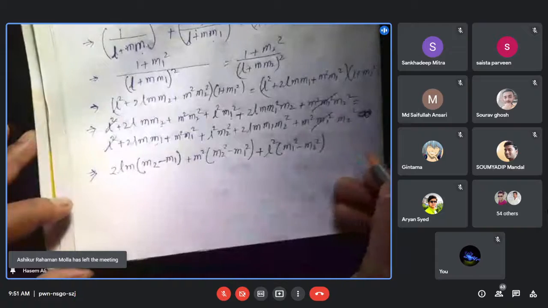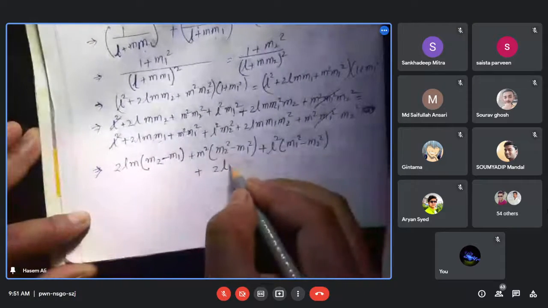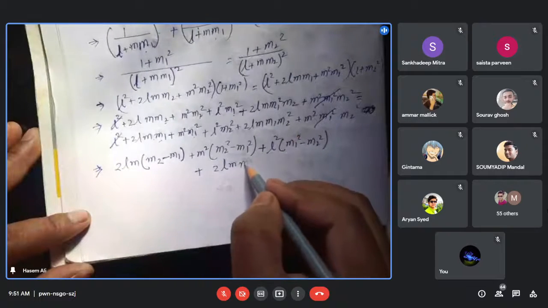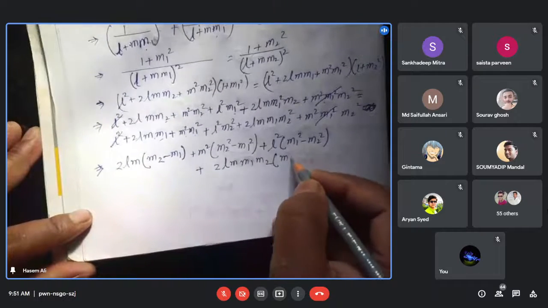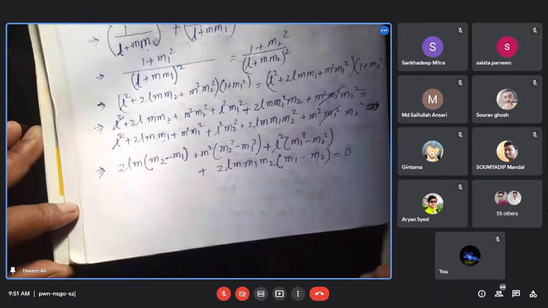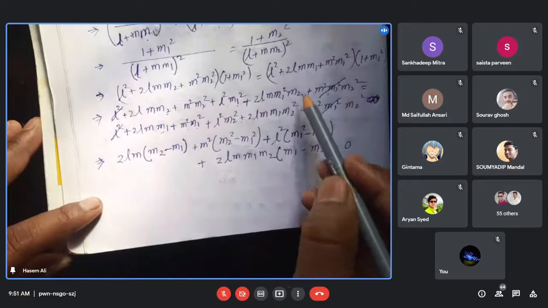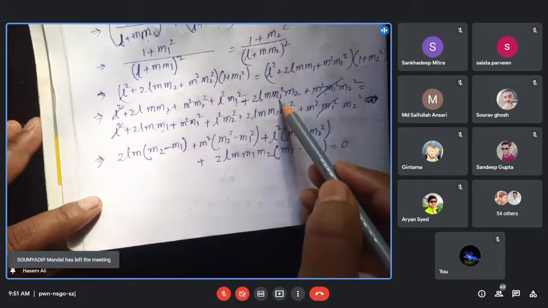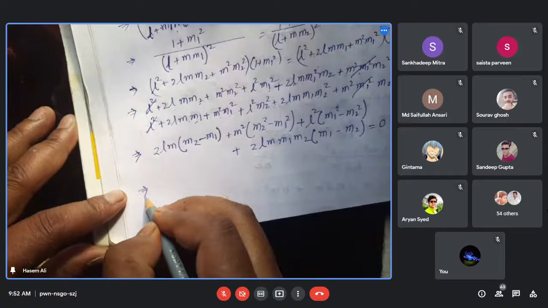And the last term, 2L m m1 m2, 2L m m1 m2, then m1 minus m2 equals to 0. 2L m m1 m2 from these two parts, then there is m1 and there is m2. So m1 minus m2. Okay.